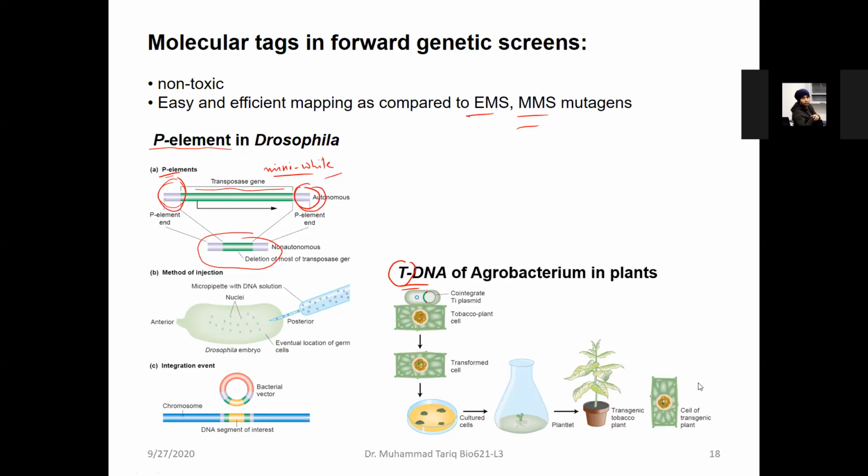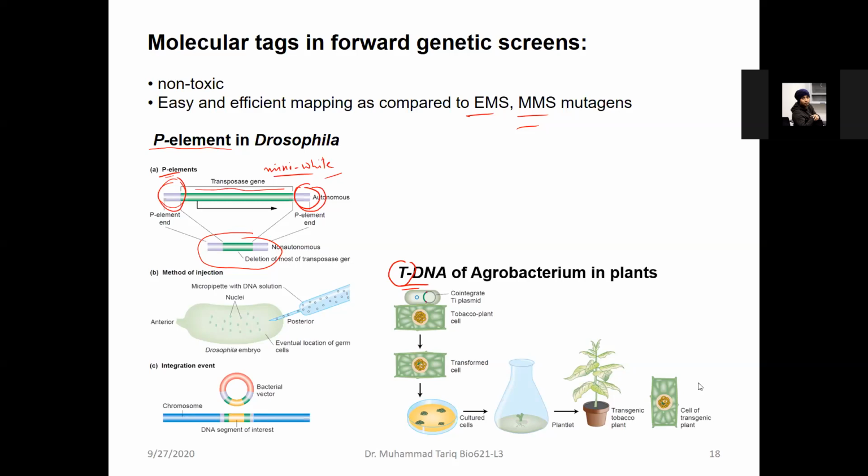Yeah. So how does it cause tumor? The genes which cause tumor in plants are from Agrobacterium tumefaciens. Yeah. So what is the mechanism? How does it cause tumor? Why does it cause tumor? So that the bacteria can get the nutrition from the plants.